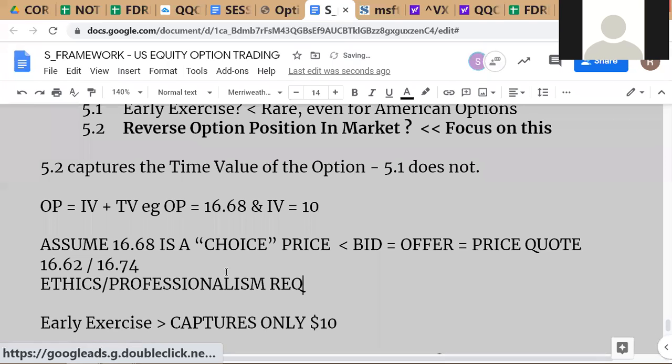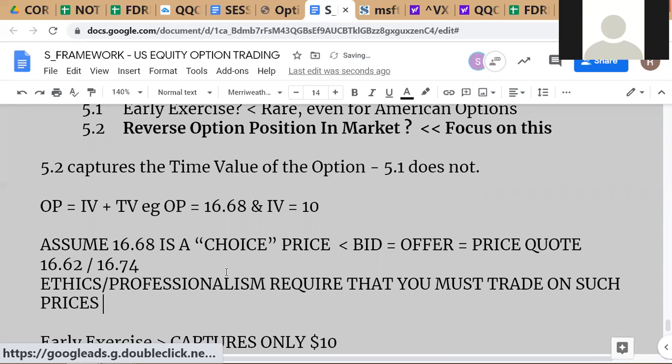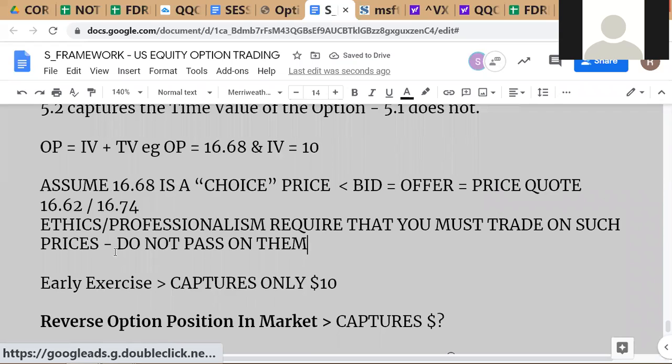require that you must trade on such prices. Do not pass on them. Okay, so the point is, we are supposed to teach you all about ethics and code of conduct as well. So I'm just telling you the traditions of the market.